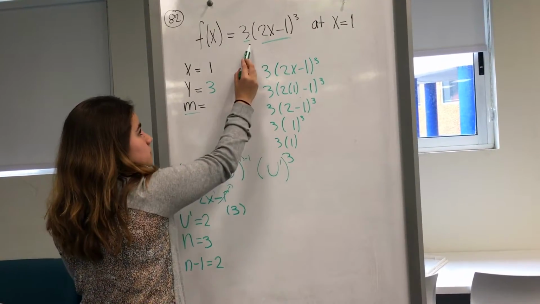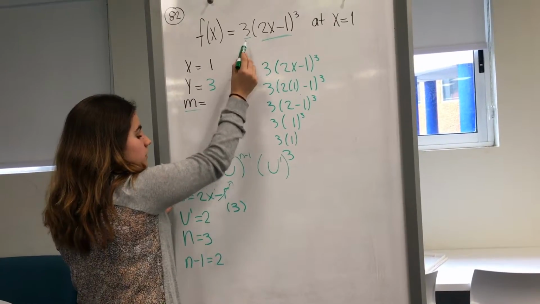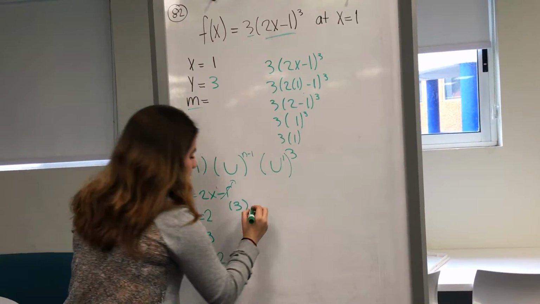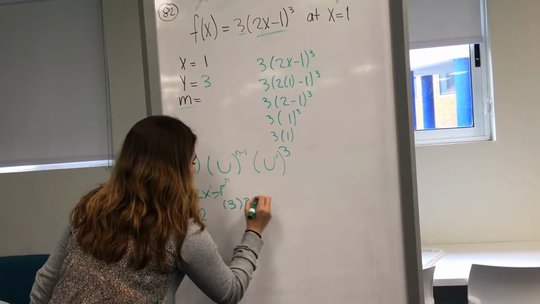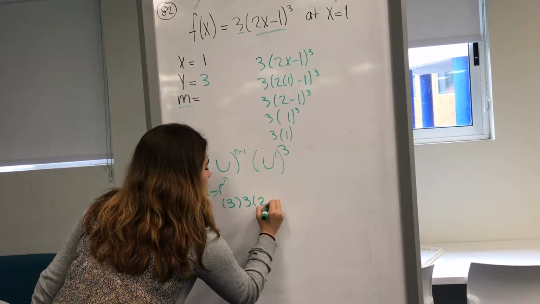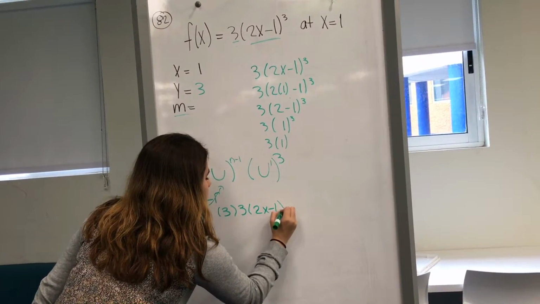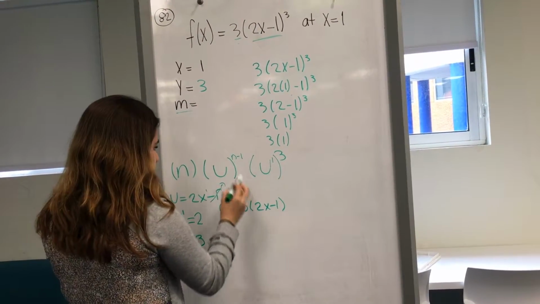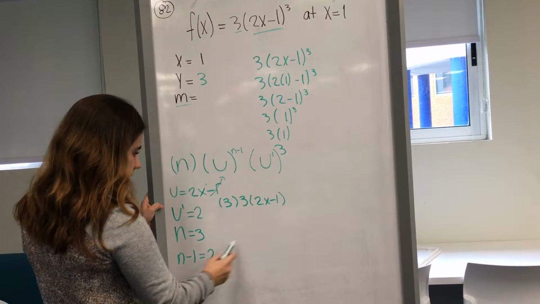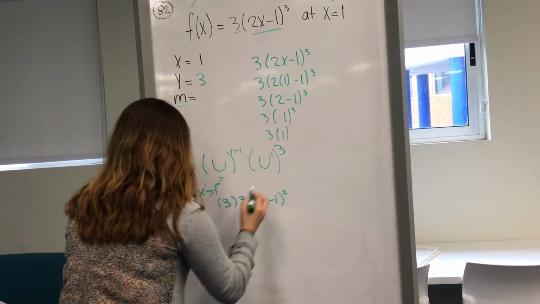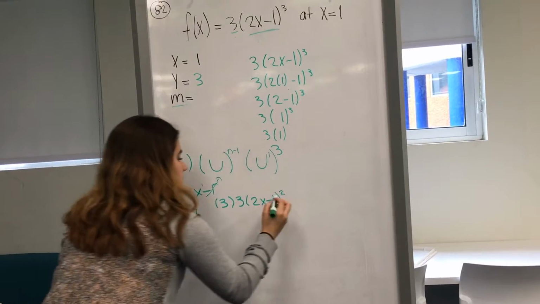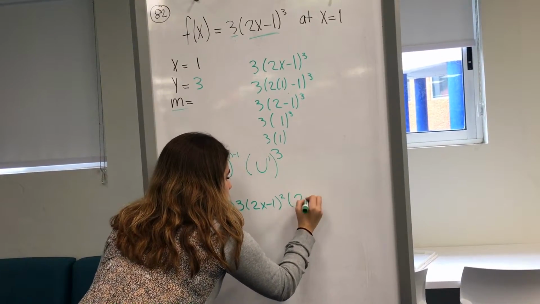times, don't forget to put this number in the formula as well, 3 times 2x minus 1, then n minus 1, so this squared, then u prime, which is 2 times 2.